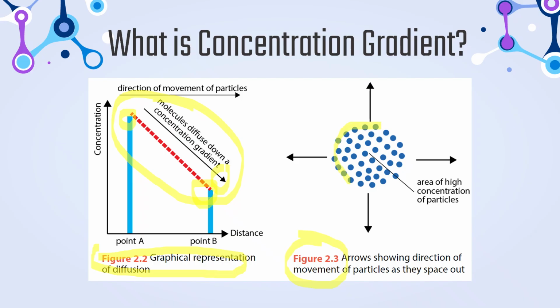You can see the concentration here is very high, and so the molecules will spread out. Sorry, not concentration gradient. The concentration over here is low and the concentration over here is high.